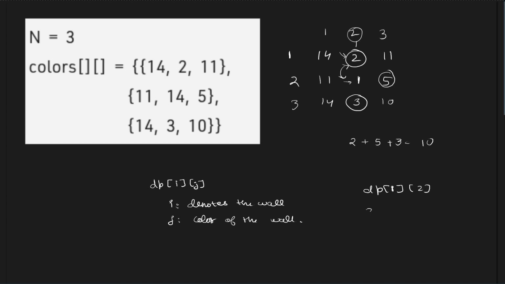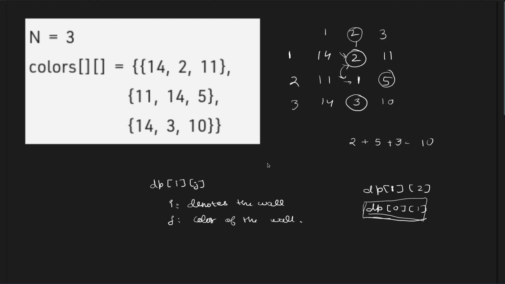If we take 0-based indexing, it will be dp of 0, 1, right? So this will have my answer when I choose the second color for the first wall, and the rest of the answer is computed according to it, right? So this will have my best answer for this particular case, right?